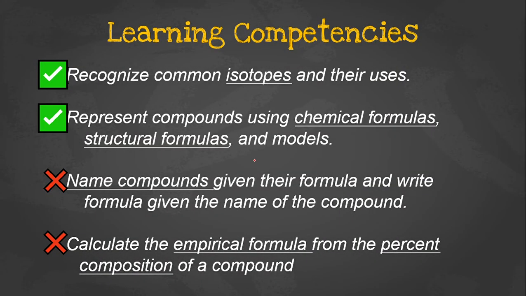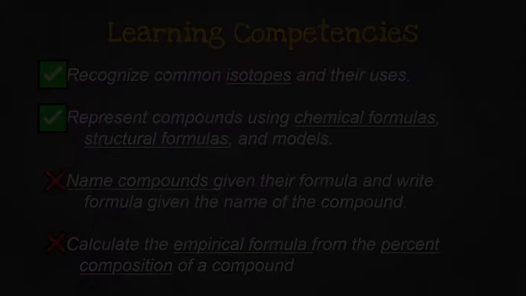Okay, so we're now done with the second learning competency to represent compounds using chemical formulas, structural formulas, and models. Now we move on to the last learning competency that we're going to cover for this video, which is to name compounds given their formula and write their formula given the name of the compound.